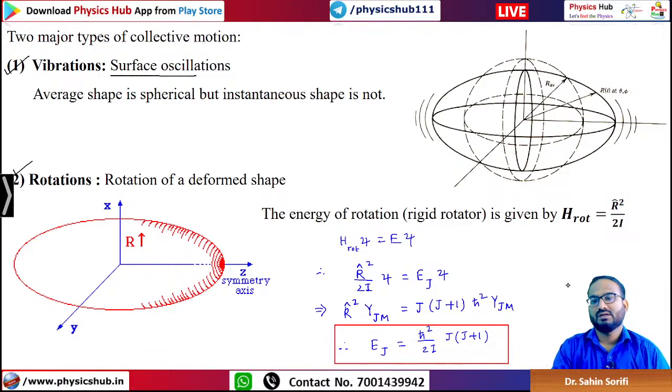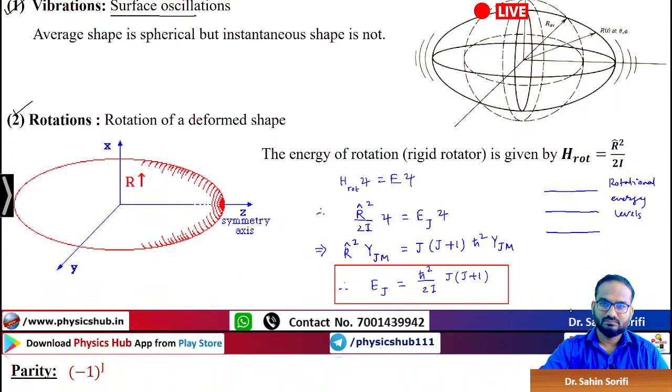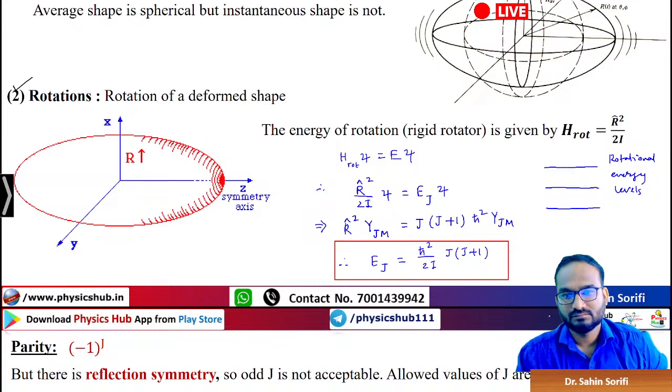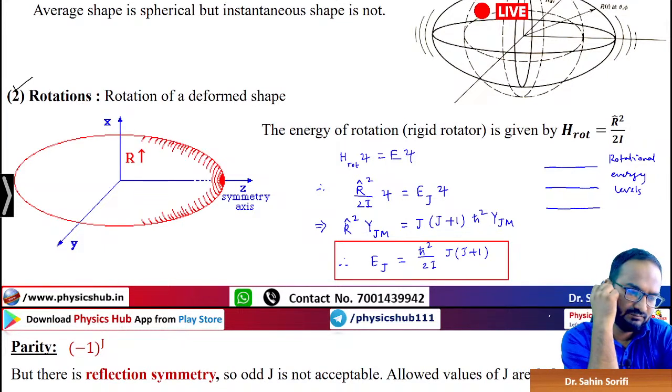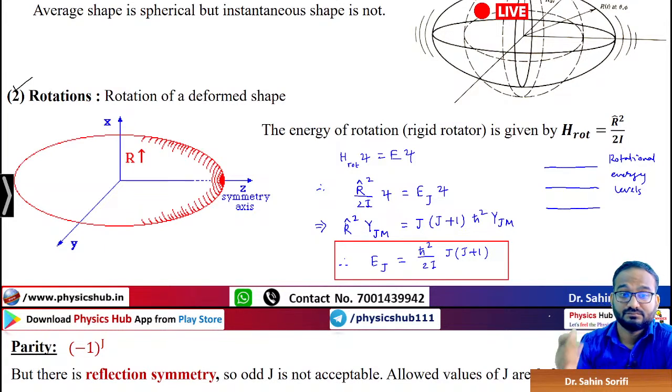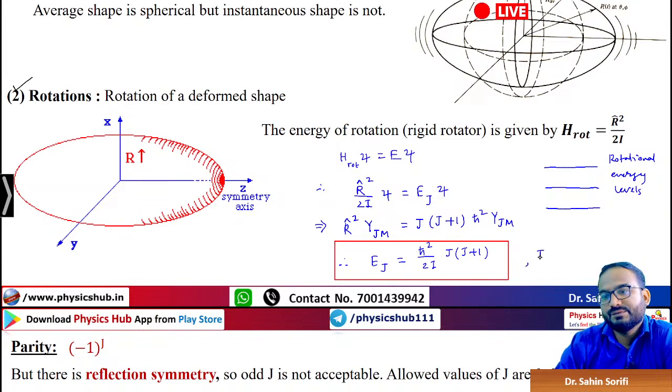This gives you the rotational energy levels, and j takes the values 0, 1, 2, 3, 4, and so on.